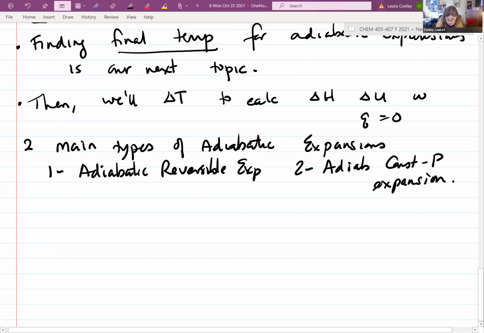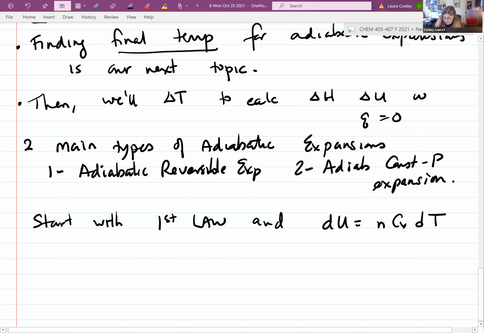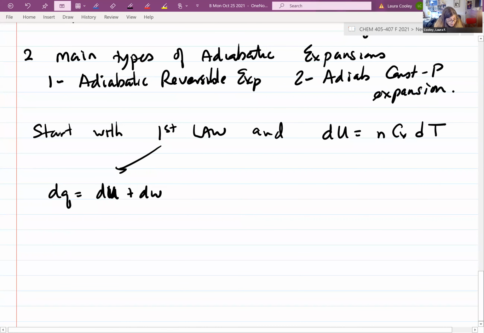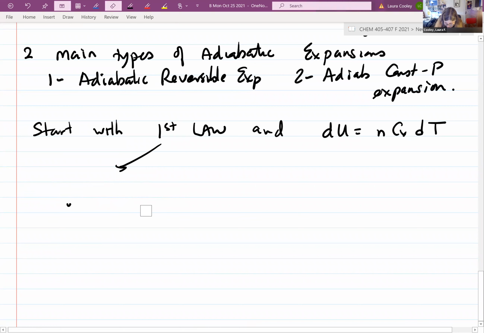So we start with two things that we know. We start with the first law and this fact that dU is nCv dT. So the first law in differential form is dU equals dQ plus dW, and dQ is equal to 0.